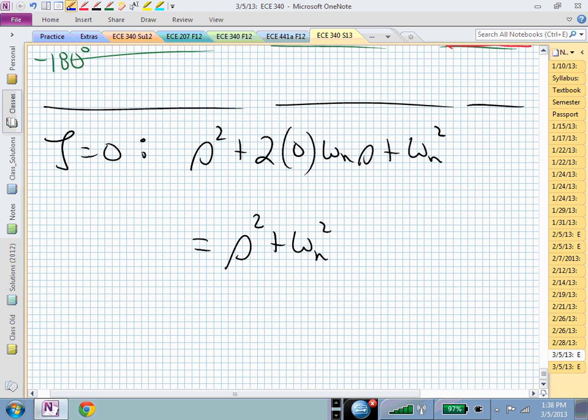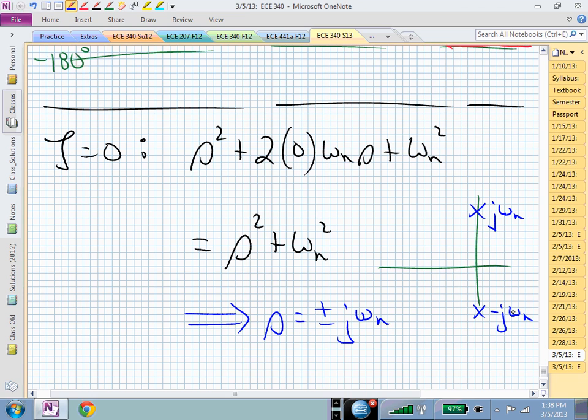Where are the roots of that? Those are now purely imaginary, aren't they? Meaning if we were in the S-plane, now instead of being on the real axis in the negative S-plane, now we're right on the imaginary axis. This is with zeta equal to 0, and they're purely imaginary.